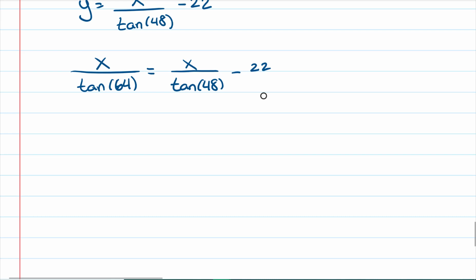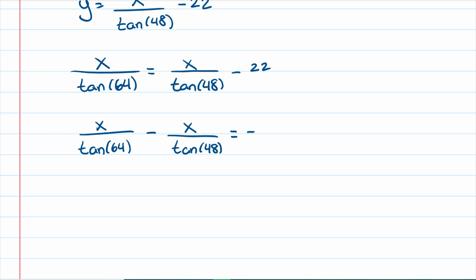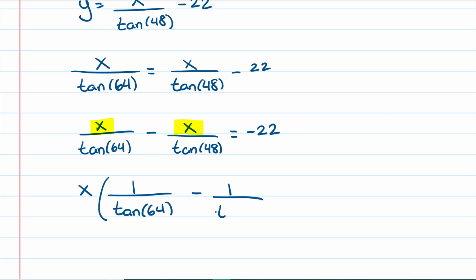So I want all my x's on one side. So I go x divided by tangent of 64 minus x divided by tangent of 48. This equals negative 22. So notice that I have an x in both of these numerators. So I'm going to factor out the x, and I get 1 over tangent of 64 minus 1 over tangent of 48, and that equals negative 22.